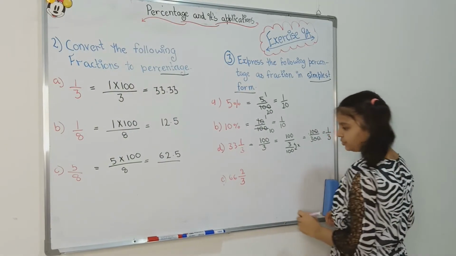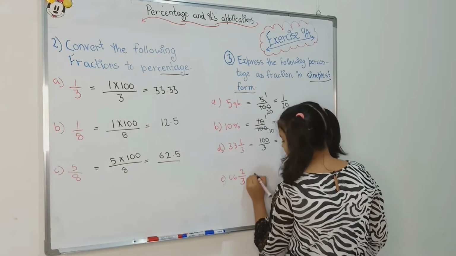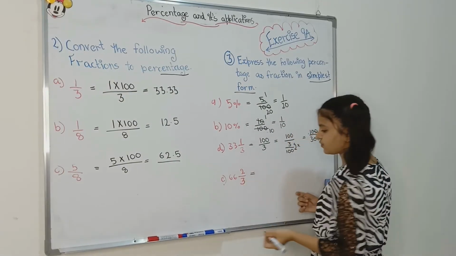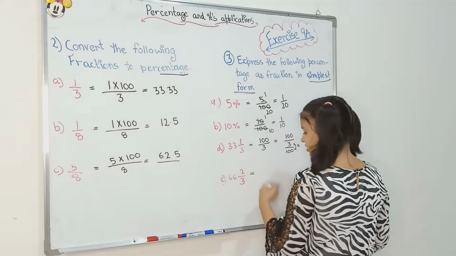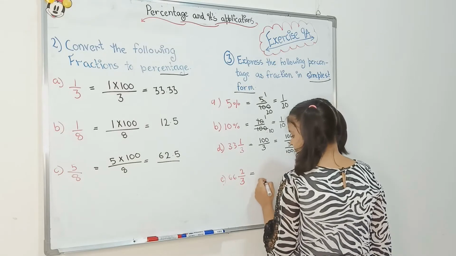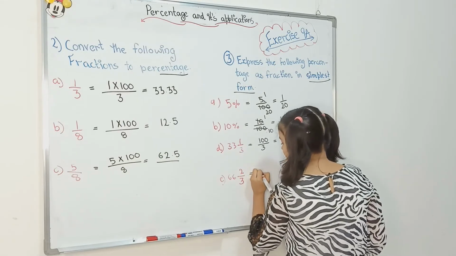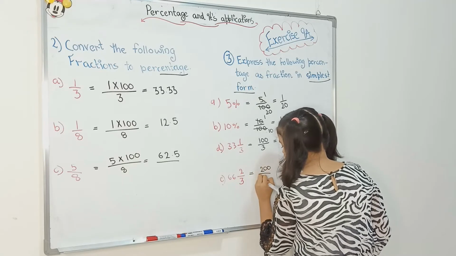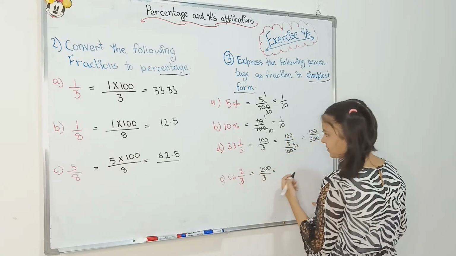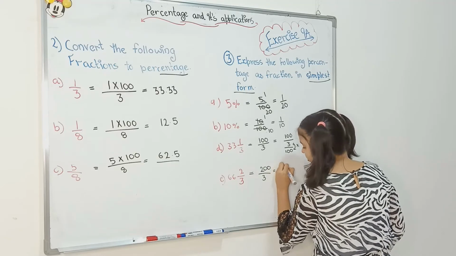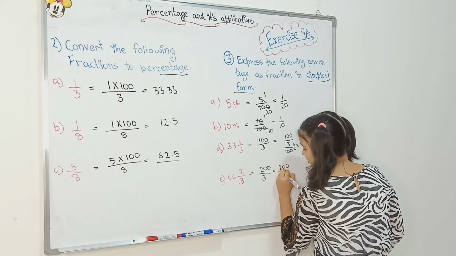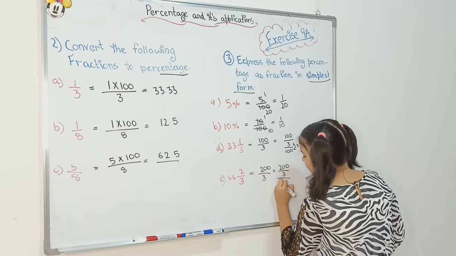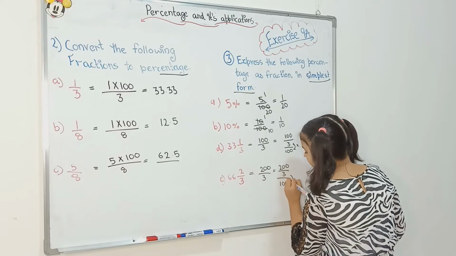Next is 66 2 by 3. Again we'll bring them in the lowest form. So 66 3s are 198. Then plus 2 is 200. So 200 by 3. Then again we'll do the same thing. So 200 by 3 multiplied by 3 by 100.